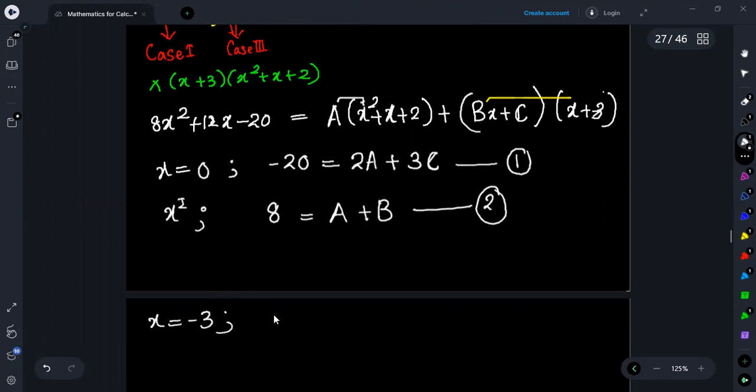So if we substitute x equals minus 3, we obtain 8 times minus 3 to the power 2 plus 12 times minus 3 minus 12.